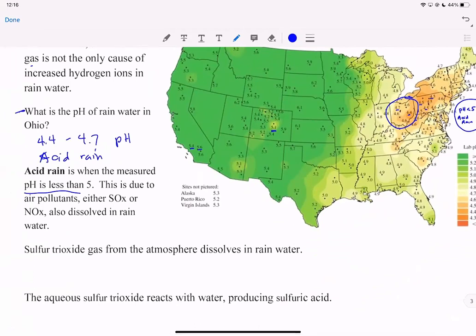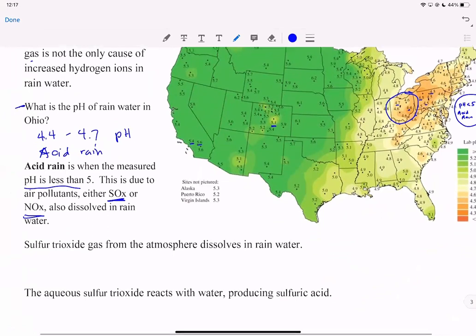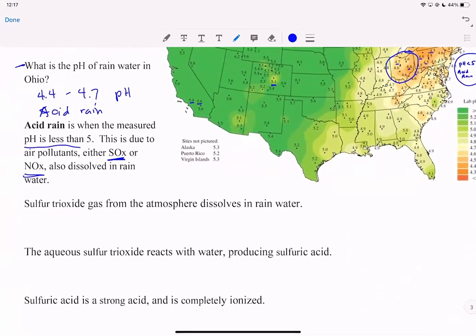And why is it? Because of air pollutants that are sulfur oxides, called SOx, and nitrogen oxides, called NOx, okay? So sulfur dioxide comes from coal-fired power plants. When you burn coal, it has small amounts of sulfur, and also small amounts of nitrogen, and those little amounts of sulfur lead to sulfur oxide gases emitted when coal is burned.